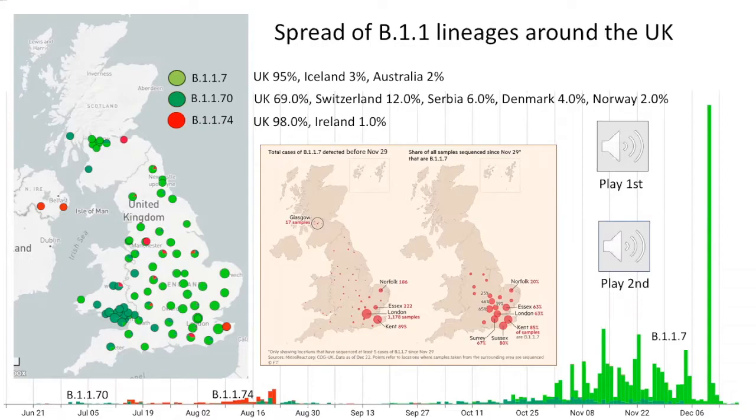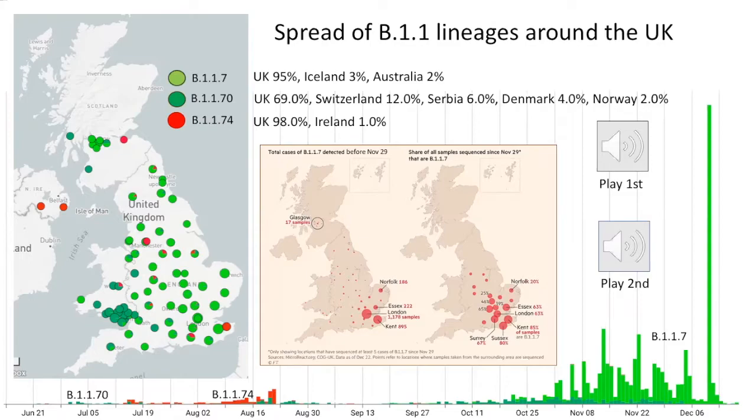Okay, so let's look at the evidence that transmission is greater with the new variant B117. The 3 maps of Britain shown in the slide and the histogram along the bottom indicate that the new B117 variant has a much greater transmission than other lineages.